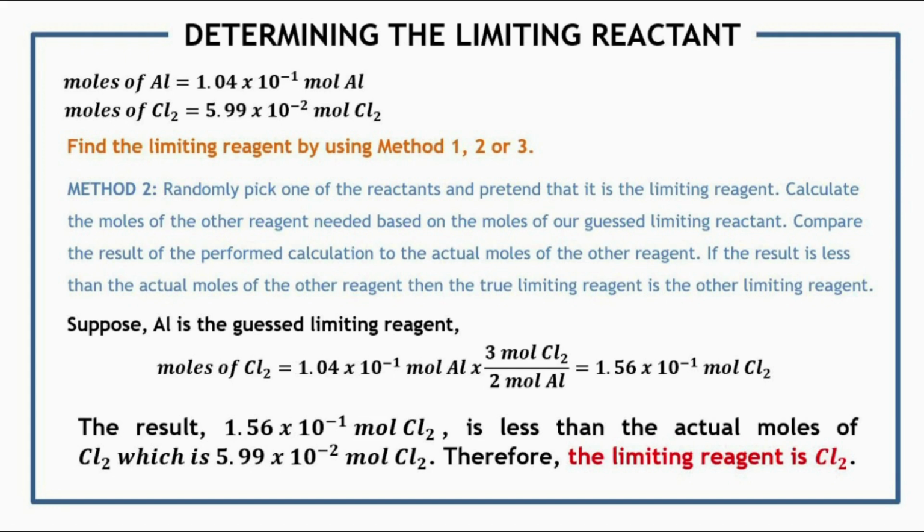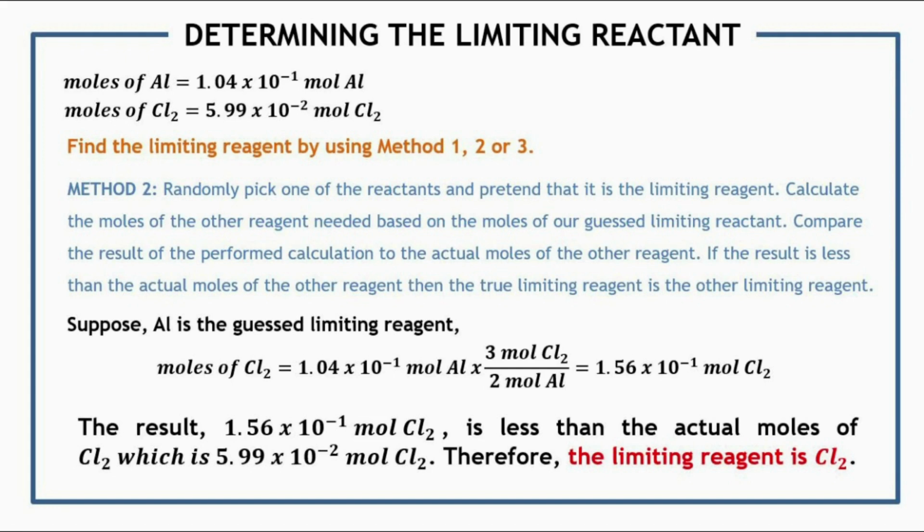On the other hand, if we are going to use up this one, 5.99 times 10 to the power of negative 2 moles Cl2 times 2 moles Al, then divide by 3 moles Cl2, so let's do the reverse this time for the ratio. What will come out is not chlorine but aluminum, because we are trying to use up the chlorine.